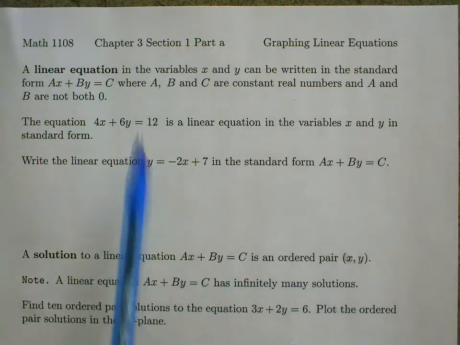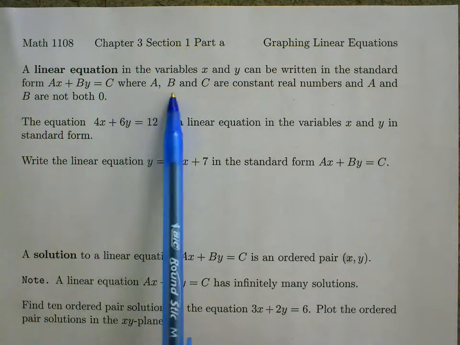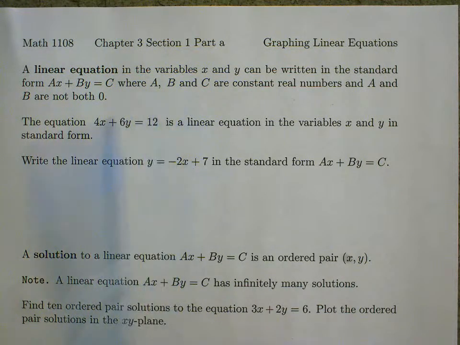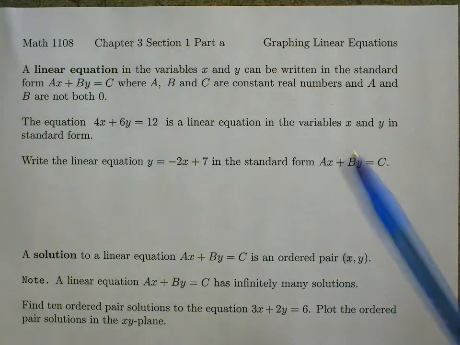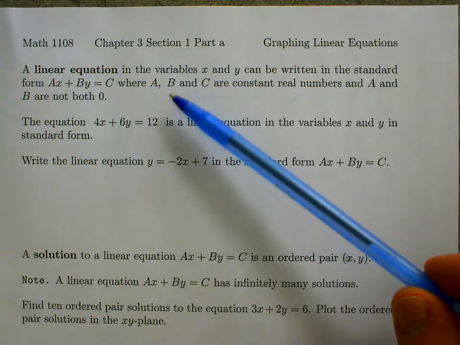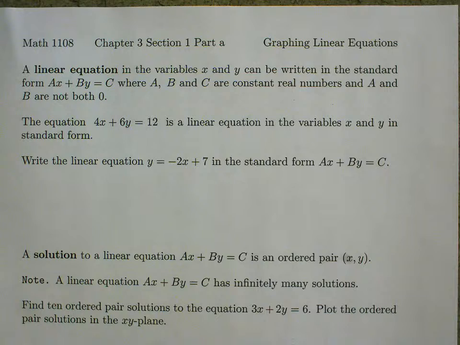It's okay if either a or b is 0, but we can't allow capital A and B to both be 0 at the same time. Otherwise, we wouldn't have a linear equation.